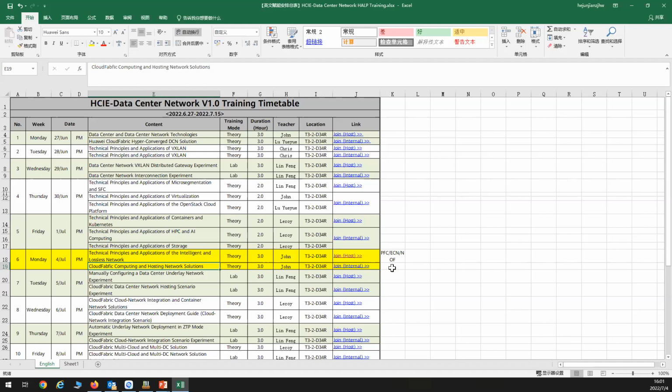And in this slide, we will have some labs, and the teacher, Mr. Lin, will show the lab tomorrow for the cloud fabric computing and hosting network solution. And during the class, if you have any question, you can type your question in the chat room, or you can open your microphone.